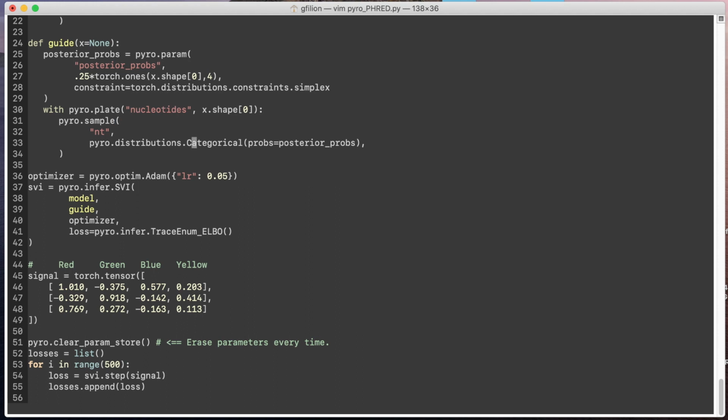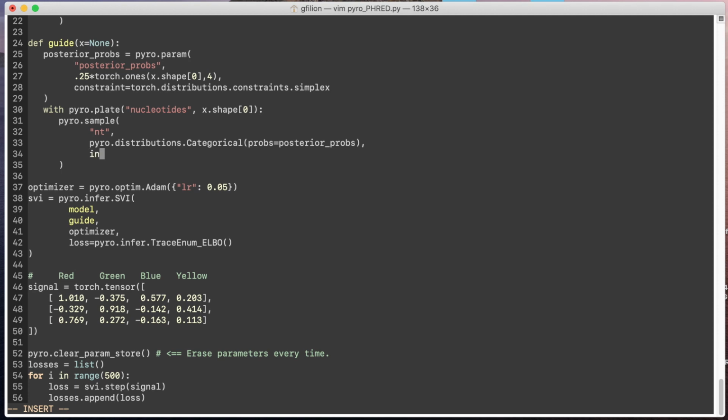And in order to do this, I need to do one more fix, which is to add a new entry here to the pyro.sample in the guide, and that is to say infer is equal to a little dictionary here where we're going to say that enumerate is set to parallel.